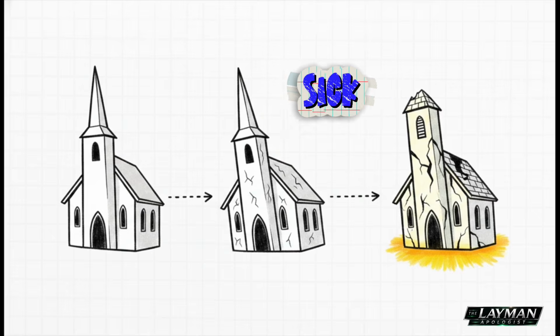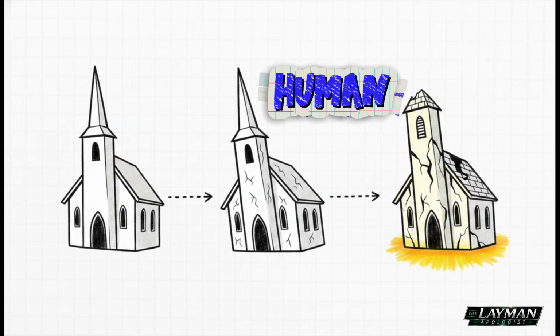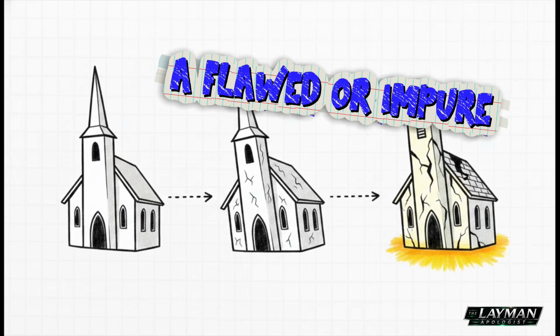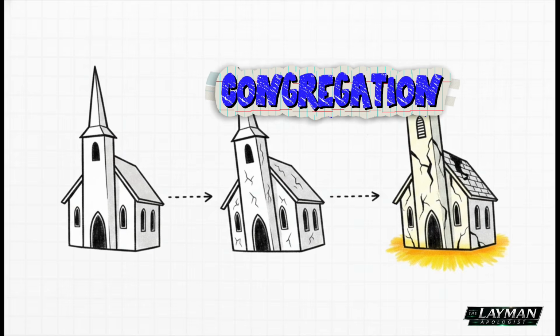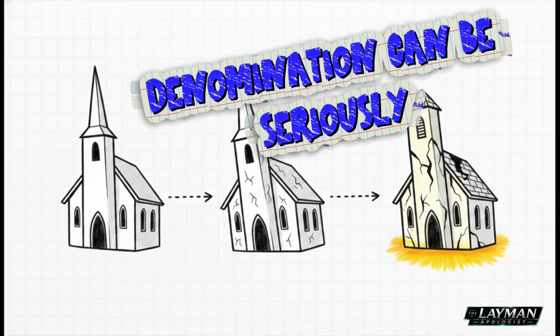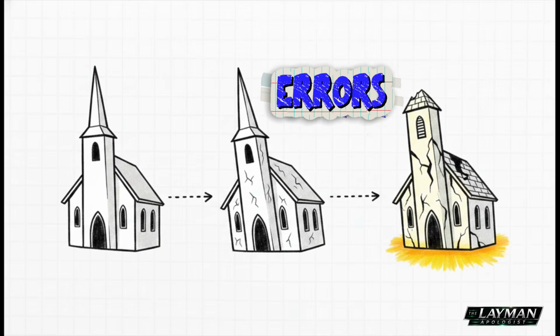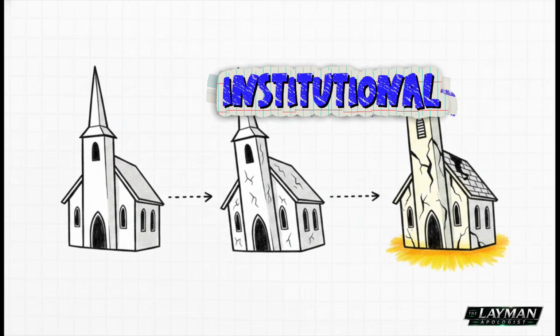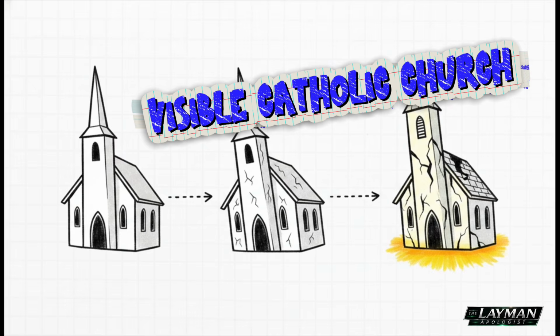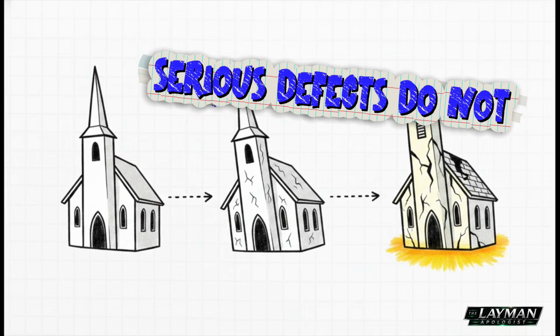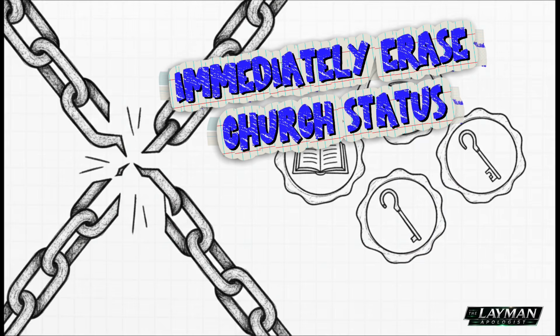Just as a deeply sick person is still fundamentally a human being, a flawed or impure church is still a church under this view. This means that a particular congregation or even a whole denomination can be seriously impure, hold to error, or have significant institutional defects, yet still remain a legitimate part of the visible Catholic Church. The key takeaway? Serious defects do not immediately erase church status.